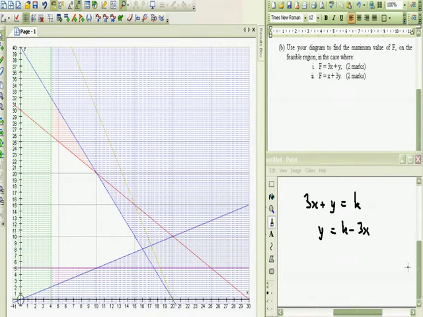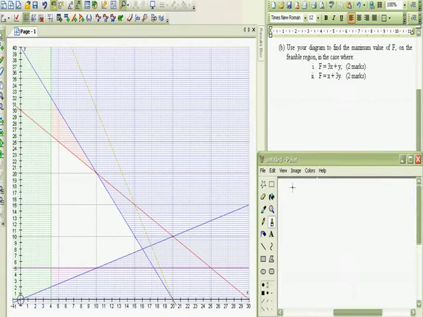If we have a look at the second equation, let's change it to a nice dark red. So x plus 3y, and let's say that that is equal to a number c. If I rearrange this, I move x over to the other side and divide by 3, so I get y equals c over 3 take away 1/3 x.